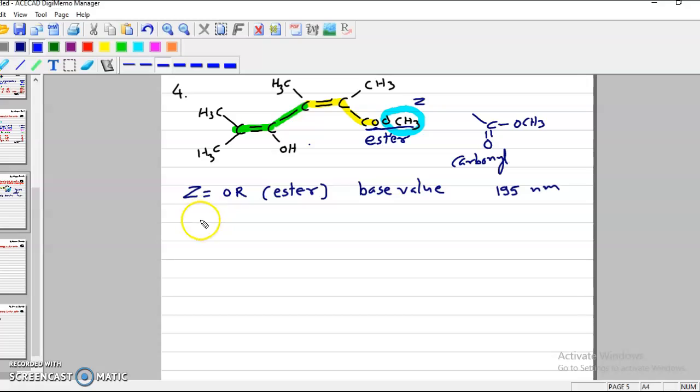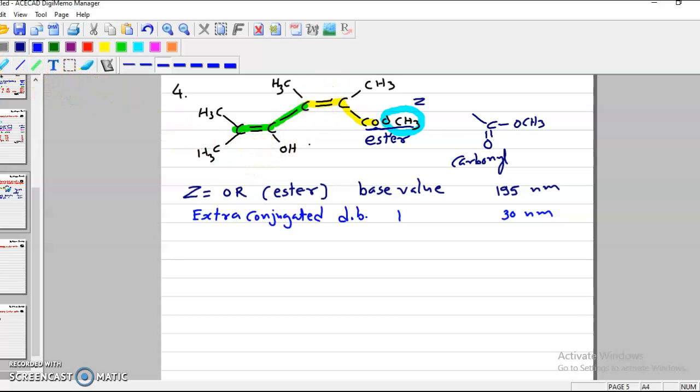So that will be extra conjugated double bond. And in this extra conjugated double bond, which is 1, we will put 30 nanometer extra for this. Okay, so here we have kept the 30 nanometer for extra conjugated double bond.